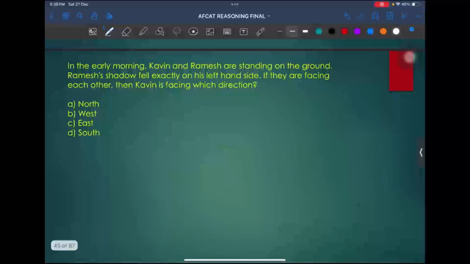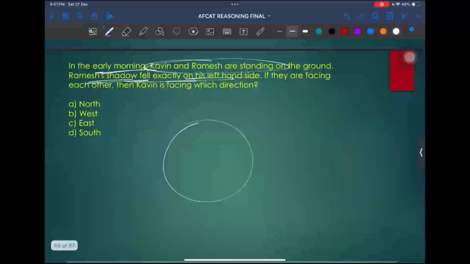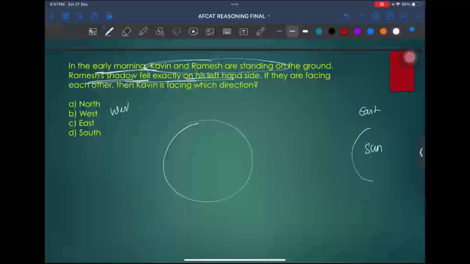The question says that in the early morning, Kevin and Ramesh are standing on a ground. Let us assume this is the ground. Ramesh's shadow fell exactly on his left hand side. The first thing is the sun. Sun in the morning, from the east, rays are moving towards west.